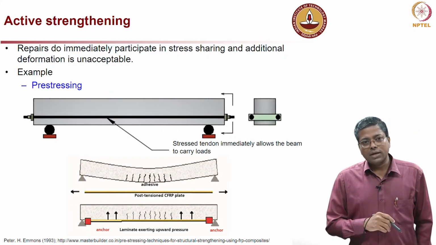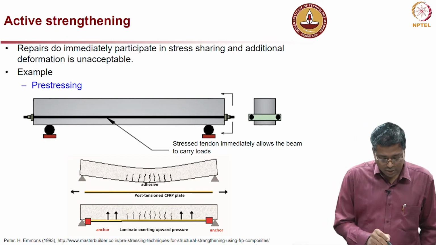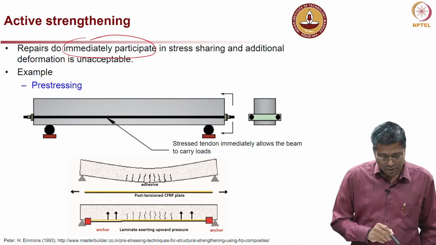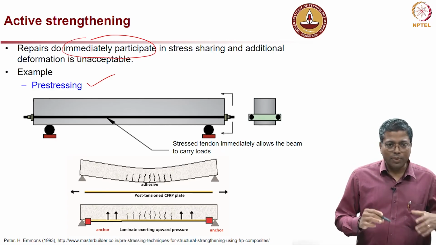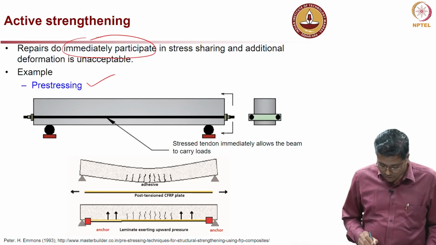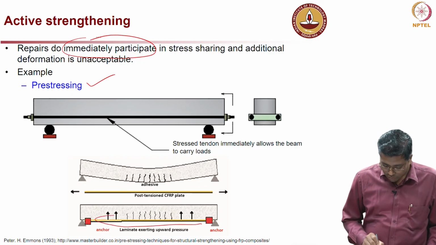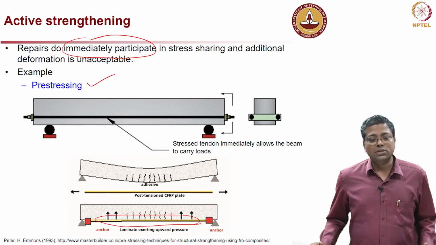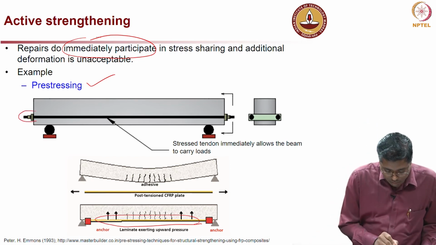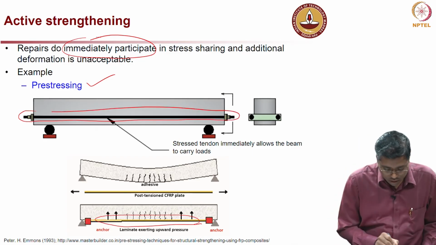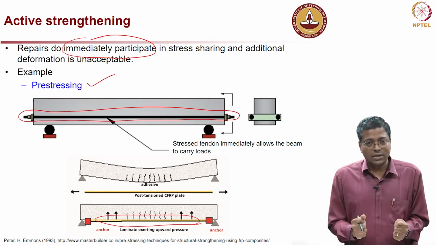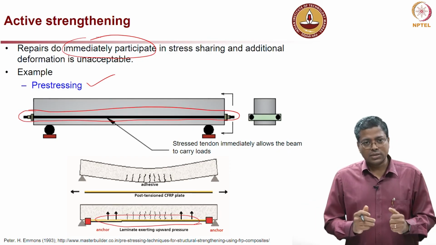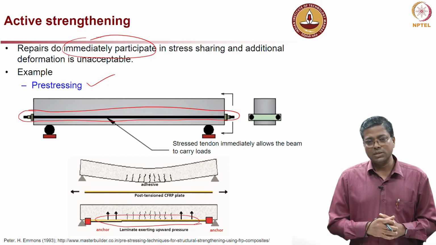As opposed to that, there is an active strengthening system which immediately participates. An example is pre-stressing. Okay. So, if you have a plate element like in the bottom image, you can see a CFRP laminate here, or any pre-stressed element. In the top one you can see a pre-stressing or external post tensioning unit which is under stress, and it takes the load as soon as it is in place.